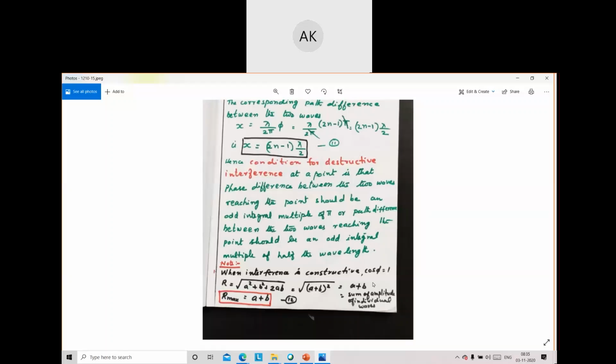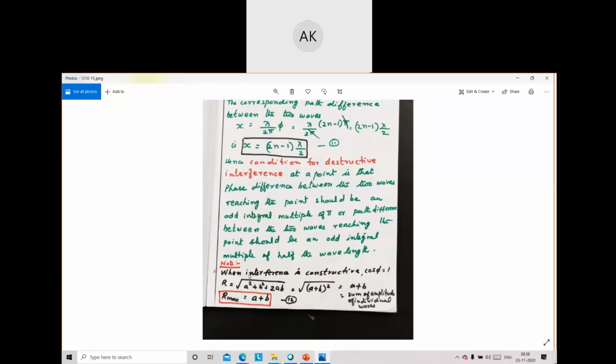Note: when interference is constructive, cos phi equal to 1, then what is the amplitude? R equal to root of a square plus b square plus 2ab cos phi, with cos phi is 1, so 2ab. So we can write root of (a plus b) whole square, that is a plus b.